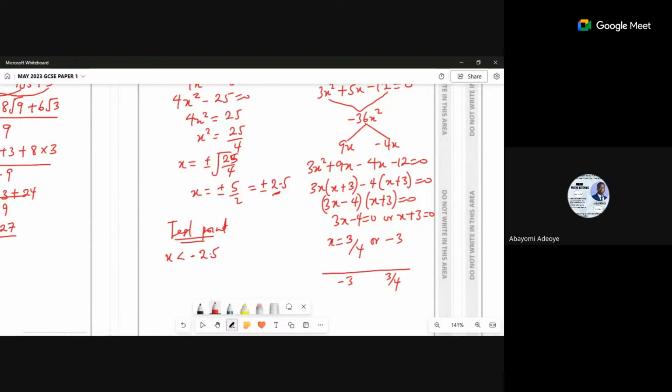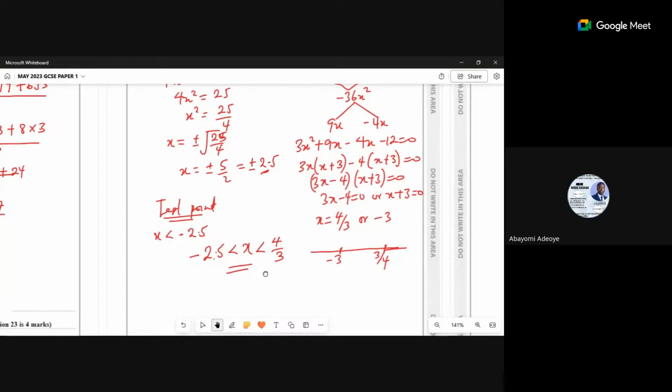So let's see if the solution lies away from this. So we have negative 2.5 less than x less than what? What's the maximum here? 4 over 3. So I pick the minimum here and the maximum here. Exactly. All right. So this is it.